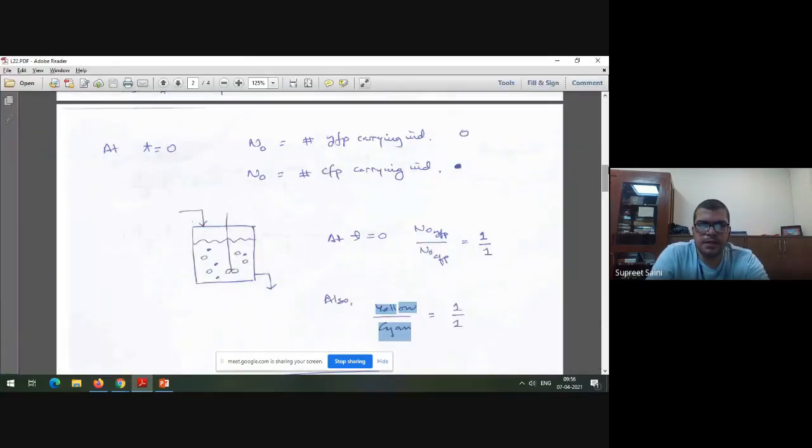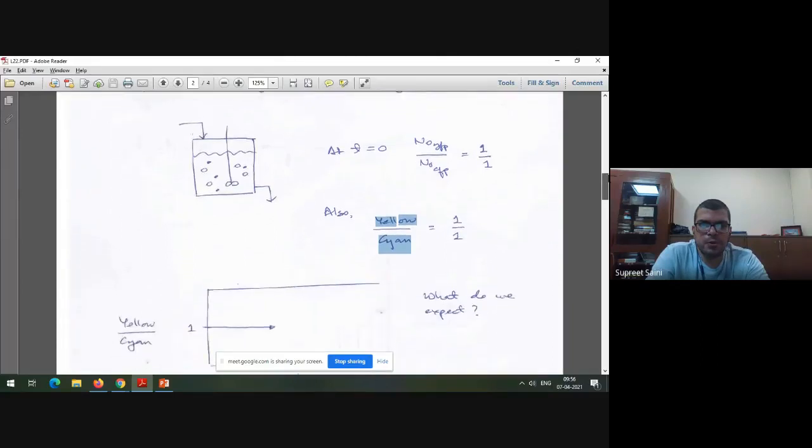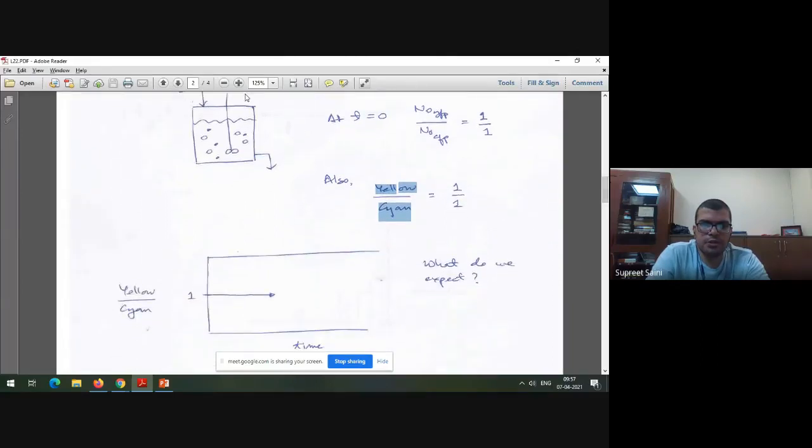All right. Now what I'm going to do is let this chemostat run forward in time. Let them divide, and some of them are going to get washed away, and obviously new divisions are happening because there is fresh media being fed into it. And what I'm going to be monitoring is the yellow to cyan ratio with time.